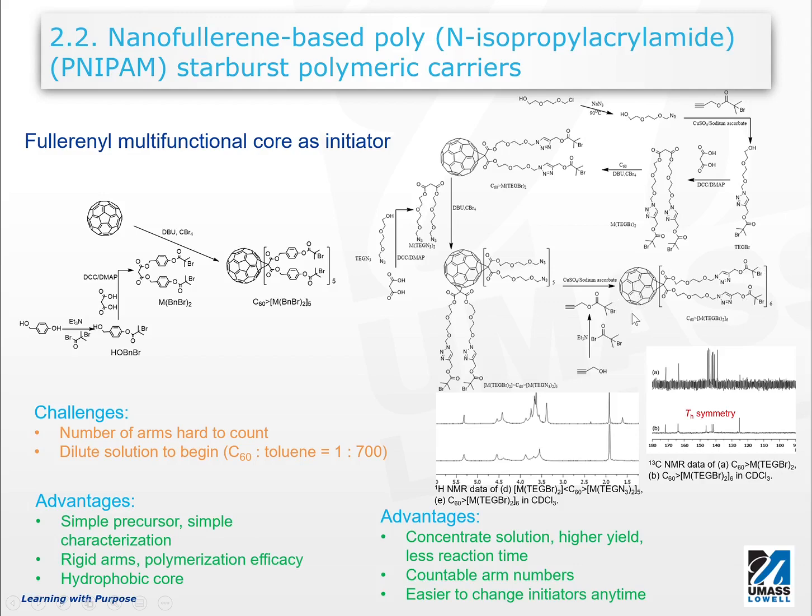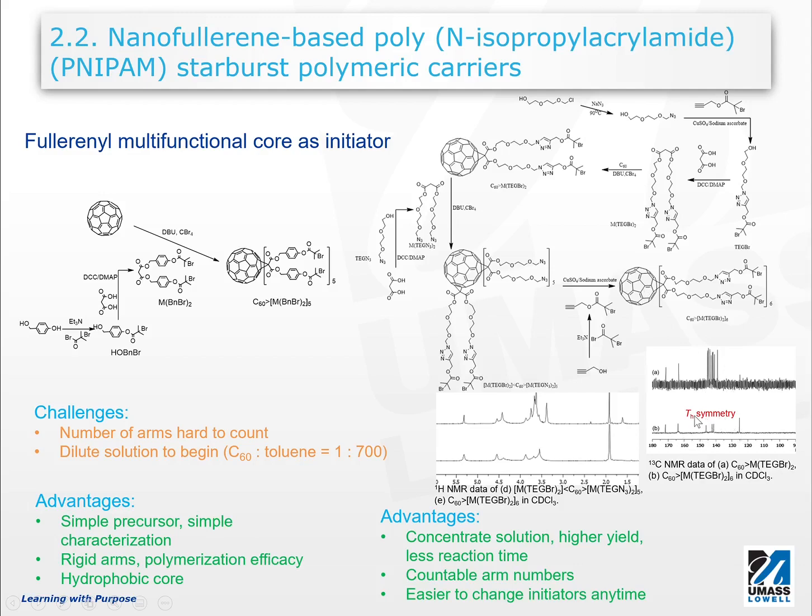We also know that the maximum amount of monolith that can be attached on the C60 is 6. So when we have the Hexakis C60-based structure, the C60 ball itself will have Th symmetry. So all these different carbons on the C60 ball will only show several peaks, as shown here.